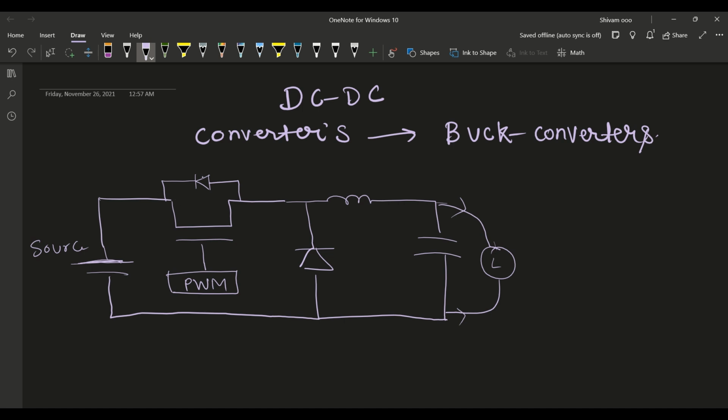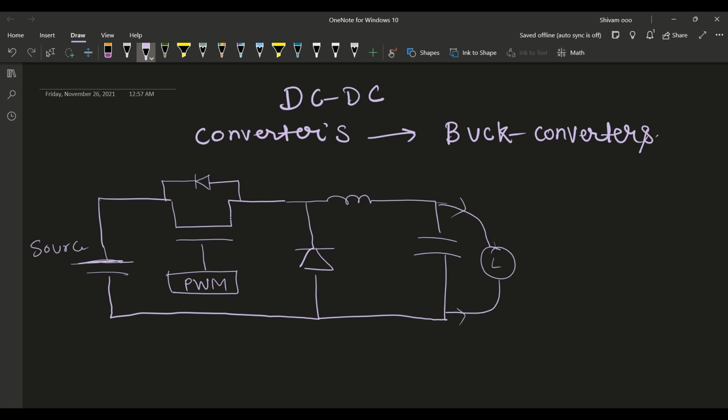What's inside it? Basically, what we have is a source. It can be a battery, it can be a supercapacitor, or any DC source. You can have it here. After that, we have a switch.